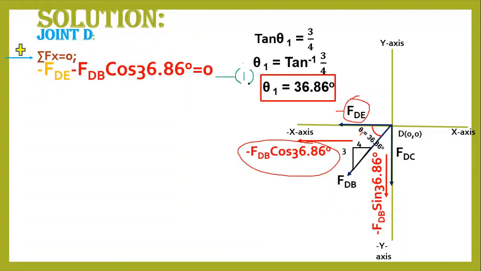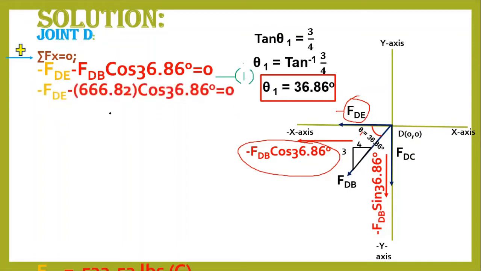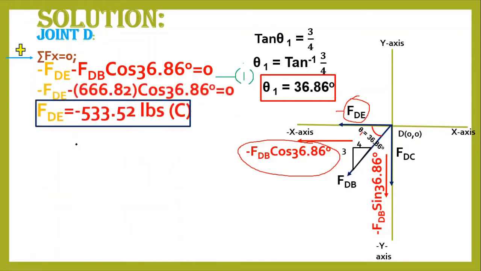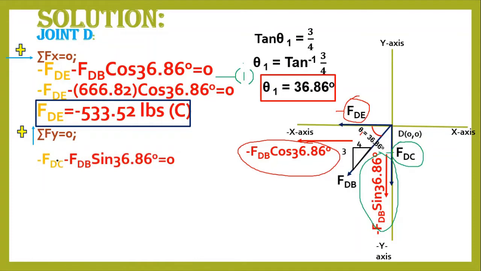This is the way to do it, and I have solved it by summing up the vertical forces. You can see how many forces we have vertically. This is the component of FDB, and this one is FDC, which should also be negative. So in this equation, minus FDC minus FDB sine 36.86 degrees equals 0.